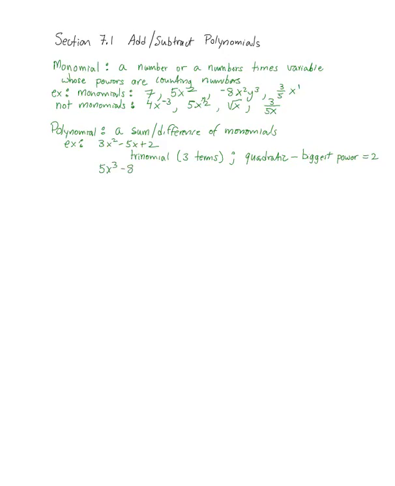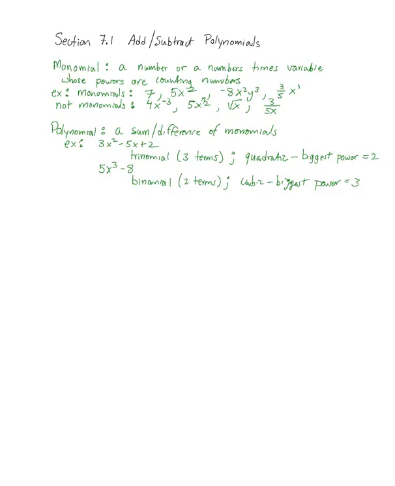This one would be called a binomial because it has 2 terms. And it would also be called cubic. Biggest power is 3. Okay, so you're going to see terms like that, and we will use those terms later on in this course. You'll see them show up.